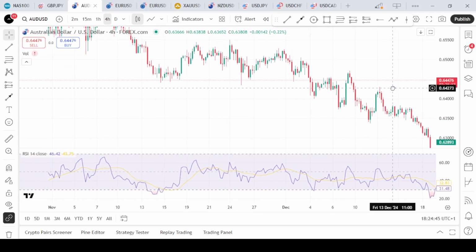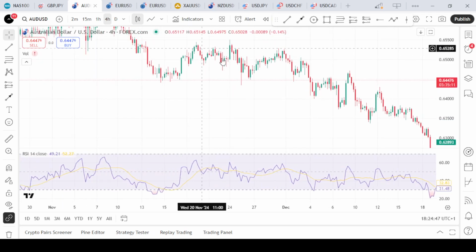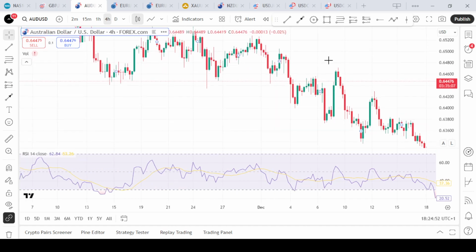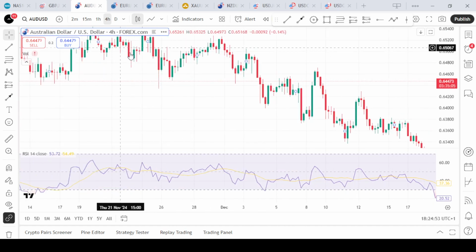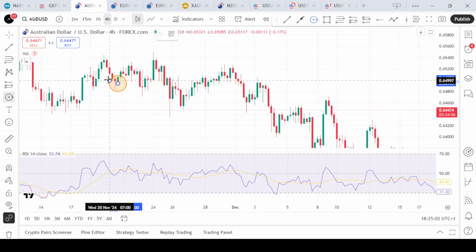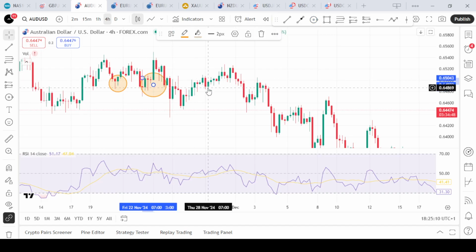In fact, avoid looking at these patterns in a choppy market condition. As we can see in this area, this is a hammer candlestick pattern, and it happened in a choppy market situation. So you do not take this pattern anywhere you see it. If you took the trade in this area without considering your support and resistance, it would have resulted in a losing trade.